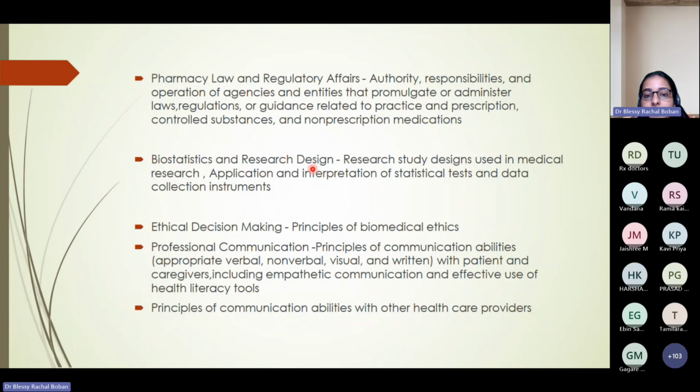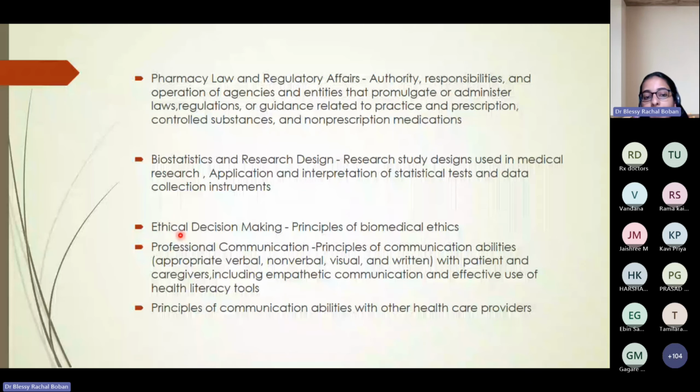And biostatistics and research design. This I have already explained in a previous slide. Then ethical decision making. So apart from all those subjects, medicinal chemistry, statistics, psychology, clinical pharmacy, ethical principle questions you can expect for all three candidates, like clinical pharmacist and even technician, because professional ethics is very important.